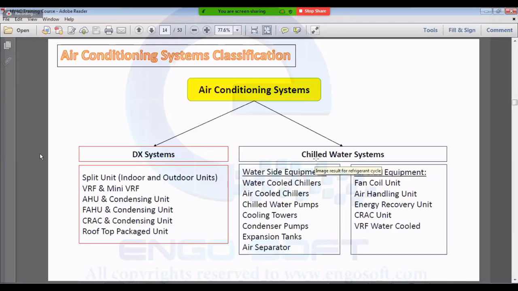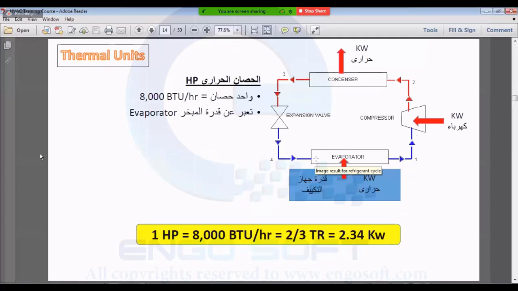We should do it through a refrigeration cycle, right? What are the components of the refrigeration cycle? This is the refrigeration cycle. What are its components?